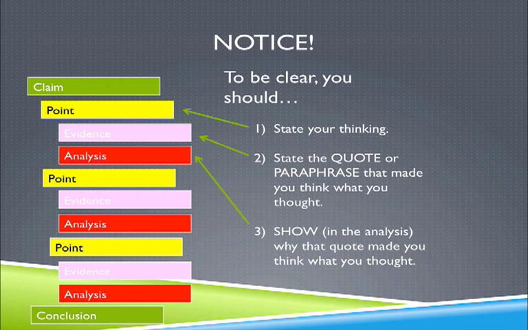That analysis section, while it may look to be, just because of our graphic organizer, about the same length as the evidence, that's not necessarily so. This is where you must delve in, really explain yourself, explain your reasoning, make your point clear, and tie that into not only the quote that you use to spur your thinking, but also how that makes you think what you think.